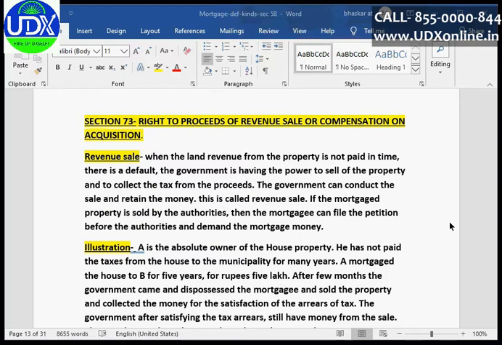Acquisition. Government is always considered to be useful, beneficial, serving the common people of the country. Government must be always protecting the people.